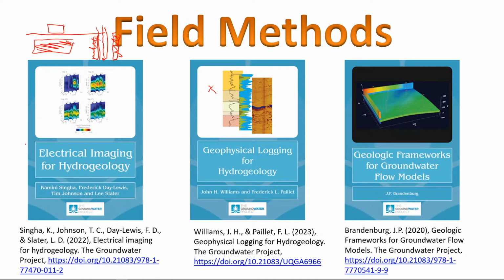So that book is about this surface geophysics. There are many different hydrogeophysical methods to do surface geophysics. Electrical resistivity is one of them, but there is also seismic, gravitational methods, and magnetic. There are many of them. I did seismic before.